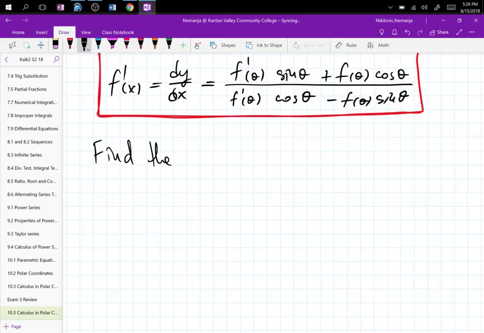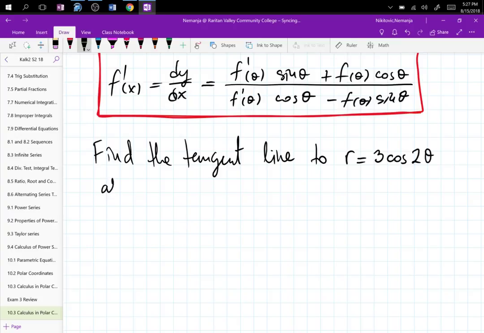So find the tangent line to r equals, let's go with the flower, 3 cosine 2 theta at theta equals pi over 6, whatever.